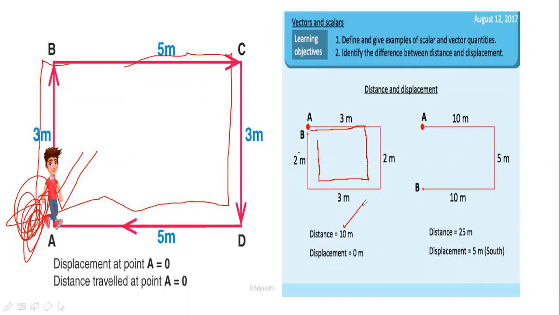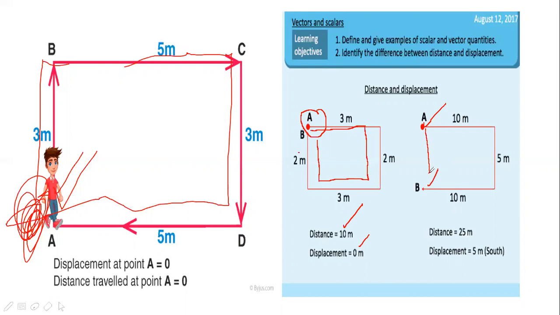So distance is 10 meter, but displacement is 0 because the initial and final position are the same. The shortest distance between initial and final position is called the displacement.